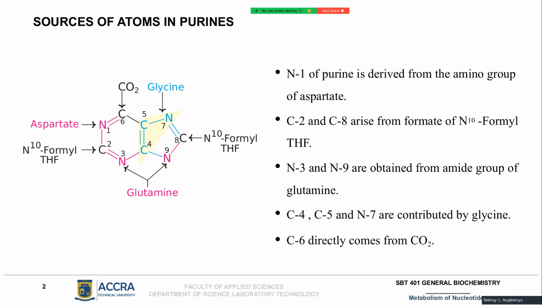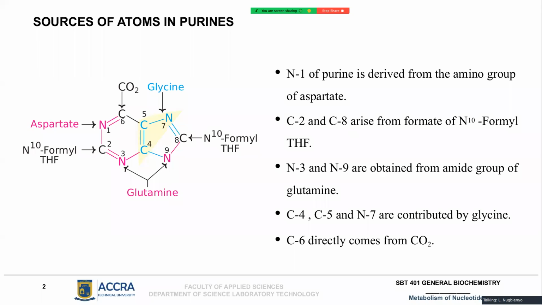So we are going to take a look at the metabolism of purines. And after that, we will look at the metabolism of pyrimidines, which is similar to what will be happening to the purines.